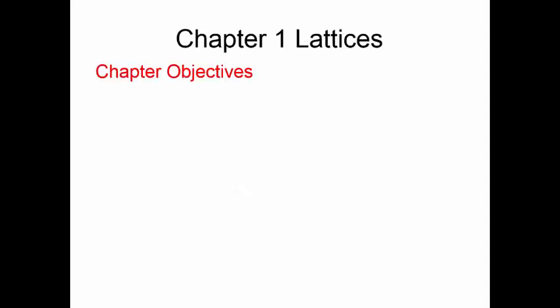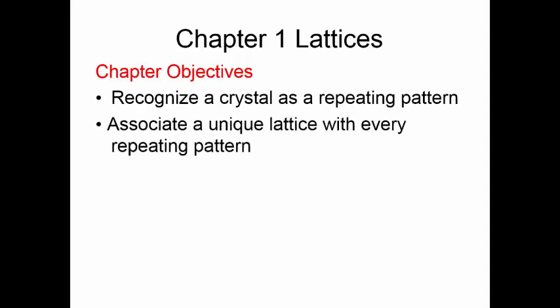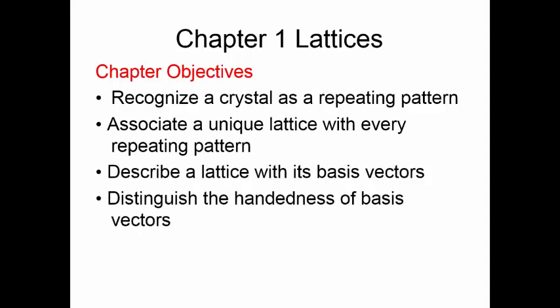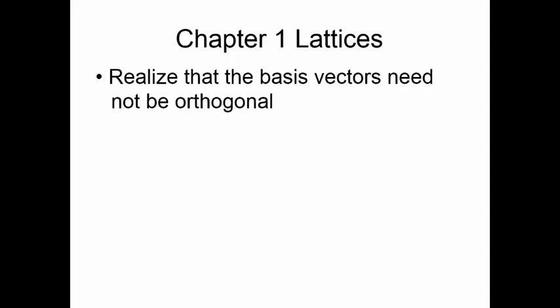The chapter objectives for lattices are: first, to recognize the crystal as a repeating pattern; second, to associate a unique lattice with every repeating pattern; describe the lattice with basis vectors; distinguish the handedness of the basis vectors; and mathematically describe the lattice.